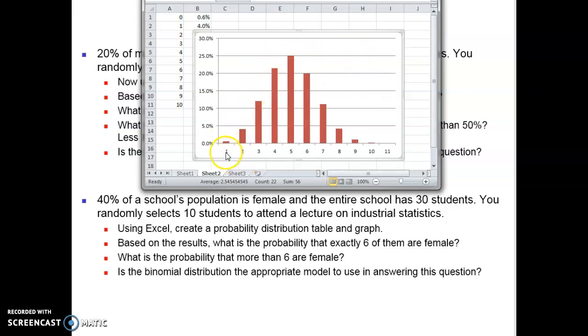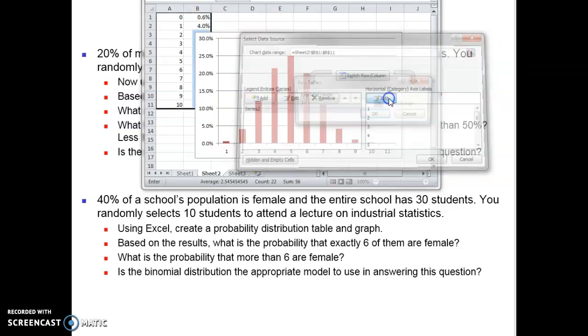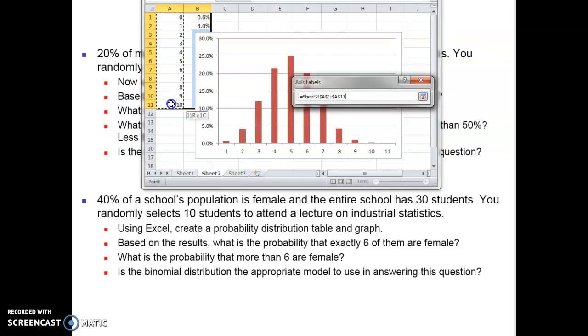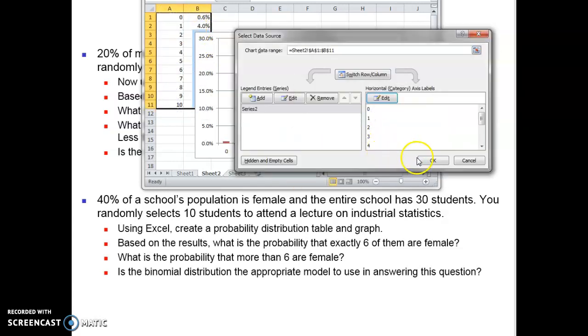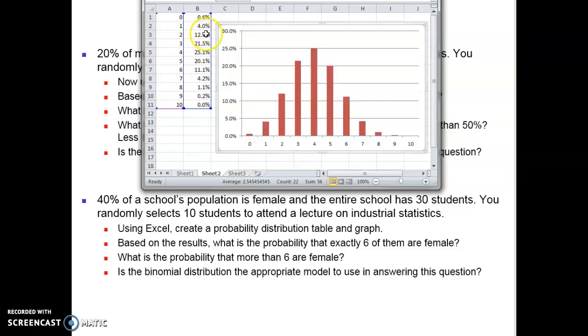Again, we run into this problem with 1 being the lowest number, so we're going to go up here to select data, and for our horizontal axis, we're going to select the first column, and that should fix it. And it does. Okay. Check it just to make sure. Pick any bar, 12.1% for 2, and it looks like 12.1% for 2. Okay, so it looks good.